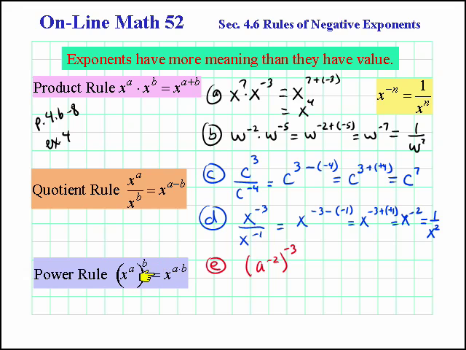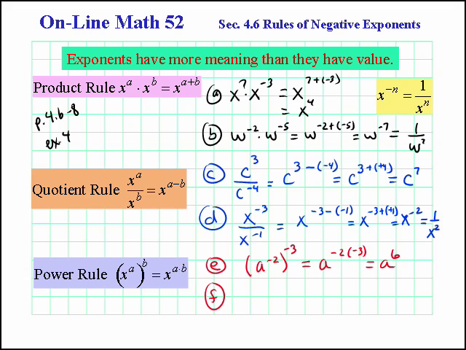So if you are confused about this, well, go back and read section 4.1 on the power rule if need be. But we're just going to apply the power rule here and make it a to the negative 2 times negative 3. And because they're both negative, when they multiply, that becomes a positive 6, or a to the 6th. And so that one is complete.